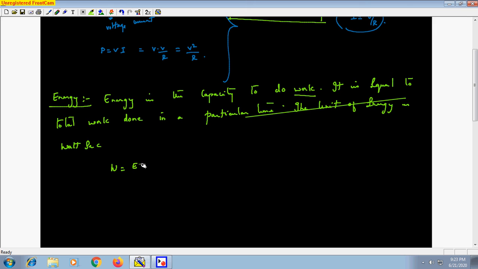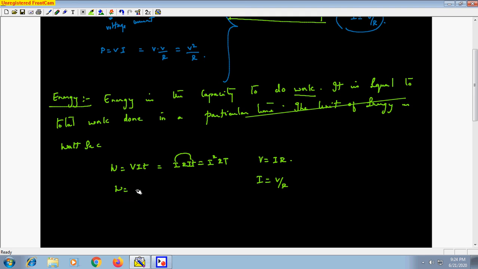W is equal to VIT. So what is V? You already know V is equal to IR, I is equal to V by R. You can use this here also. So instead of V you can use IR, so W is equal to I square RT.